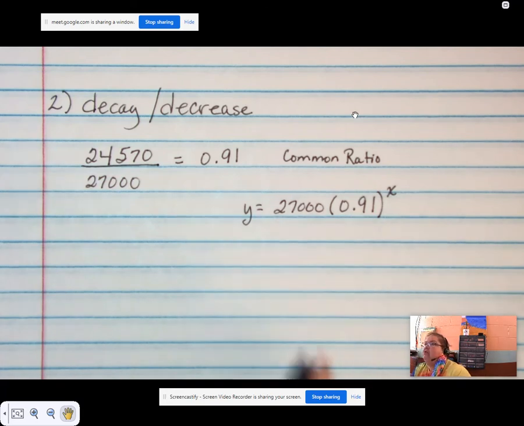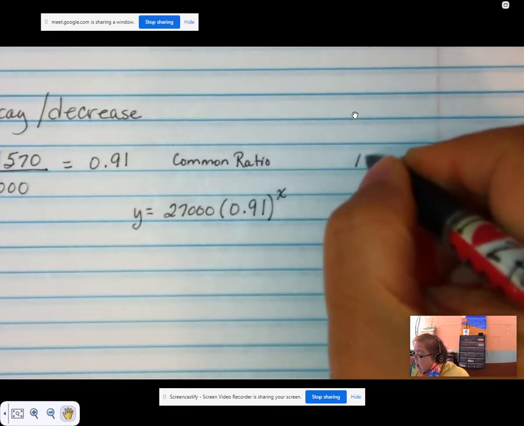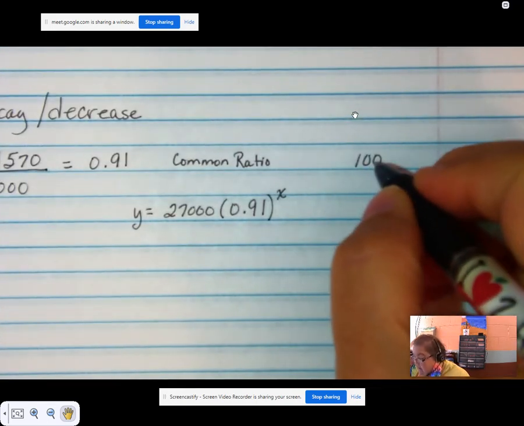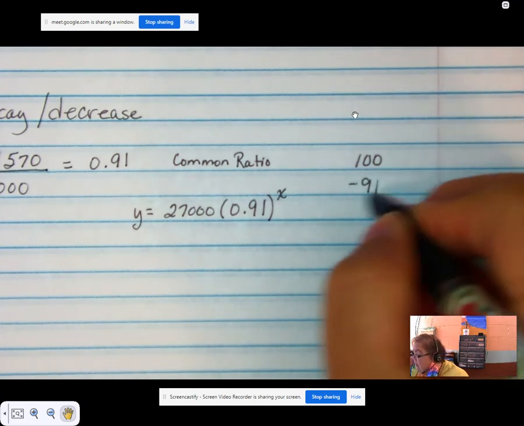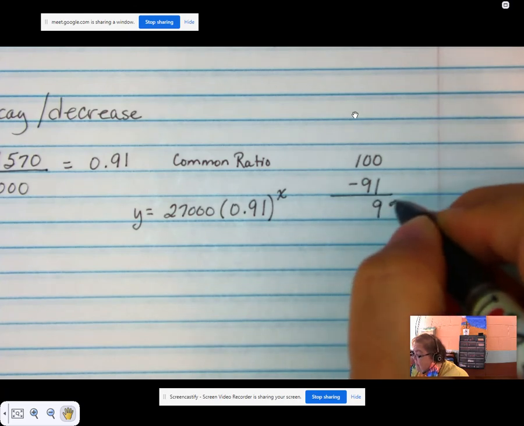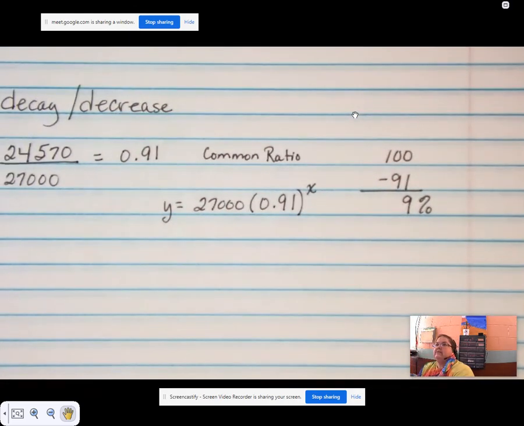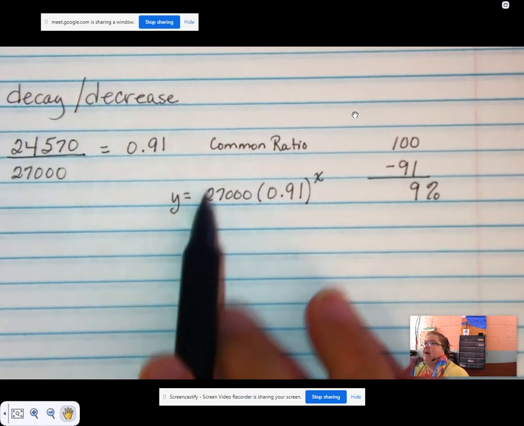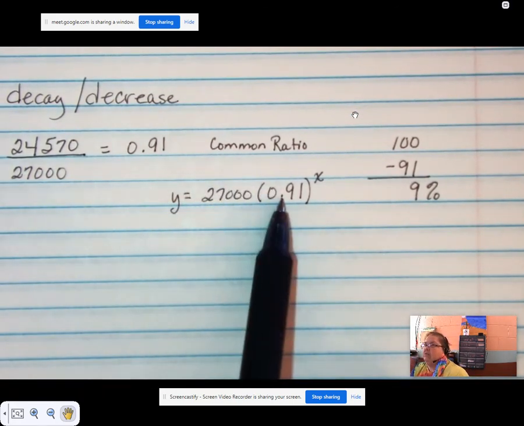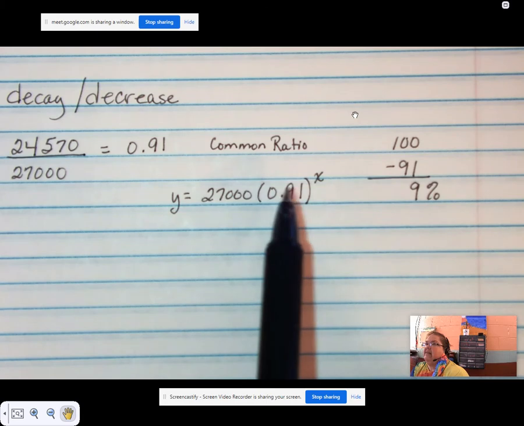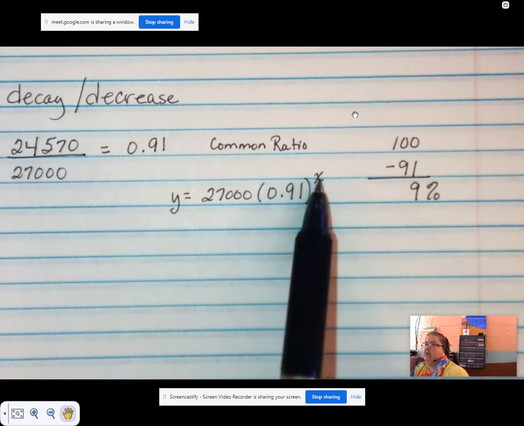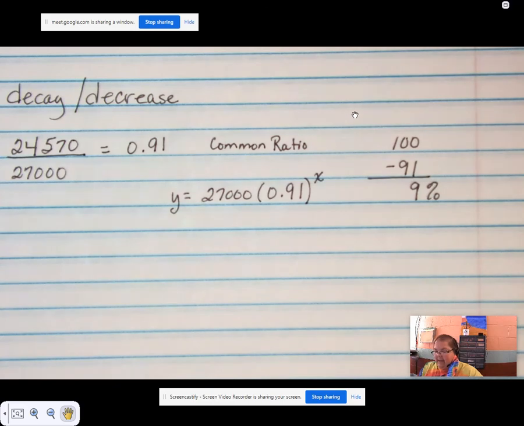So now, how much is it decreasing by? Subtract all of it minus what? 91. And what do we get? So about 9%. Okay? This is just a reminder of how we work the equation. What I start with times my decimal, okay, raised to the amount of time. Okay?